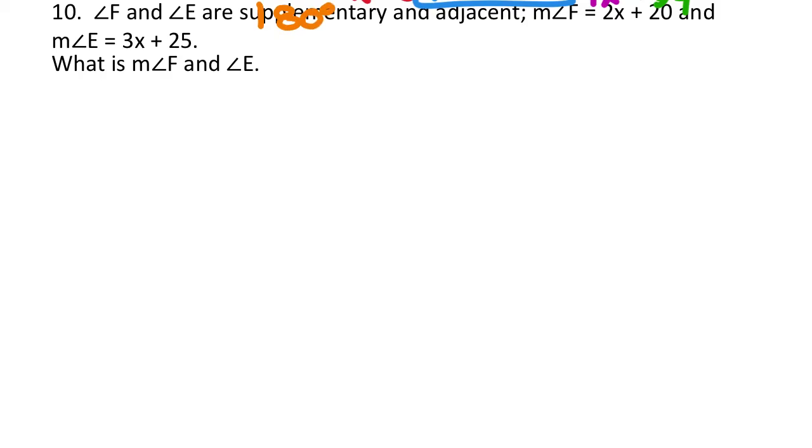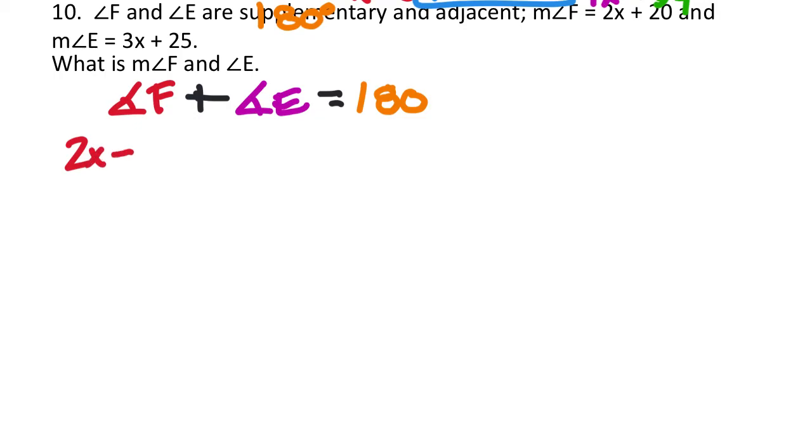So angle F plus angle E equals 180 degrees. And angle F is 2x plus 20, and we know angle E is 3x plus 25. So when we add these two together, we should get 180 degrees here.